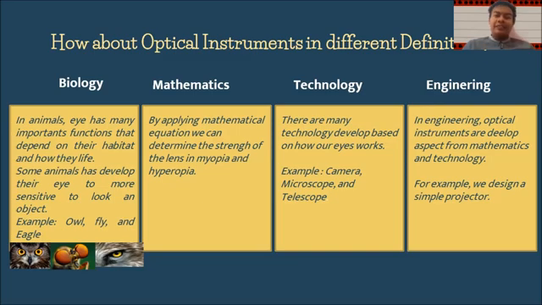In biology definitions, especially in animals, the eye has many important functions that depend on their habitat and how they live. Some animals have developed their eyes to be more sensitive to look at an object, for example owl, fly, and eagle.